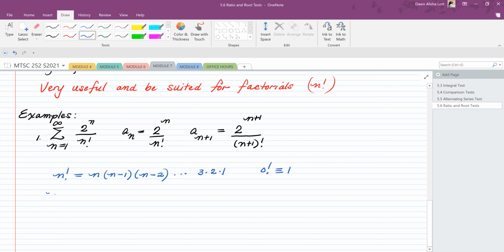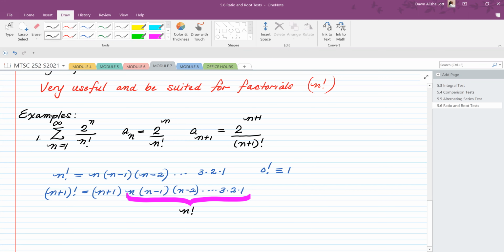And n plus 1 factorial means I go out one more number, so I'm going to get n plus 1, but it's still times n minus 1 times n minus 2, and this also goes all the way down to 3 times 2 times 1. So anytime you see these, that's what you're going to use. And notice that in n plus 1 factorial, we have this piece, and that piece is n factorial.